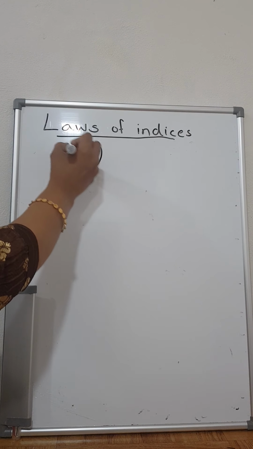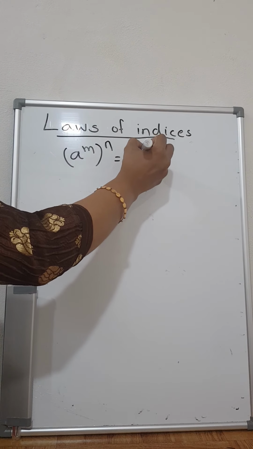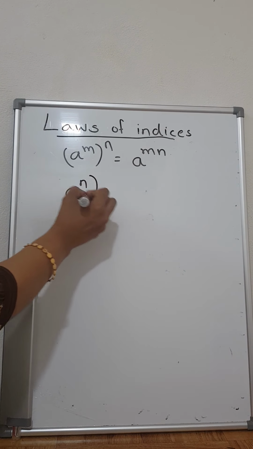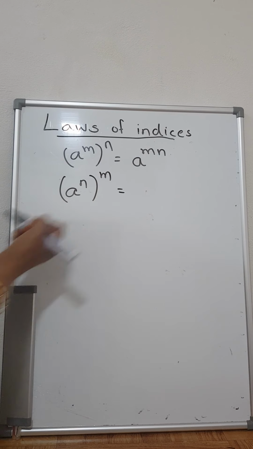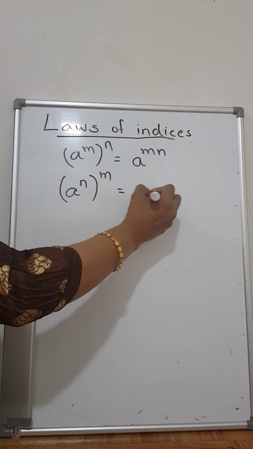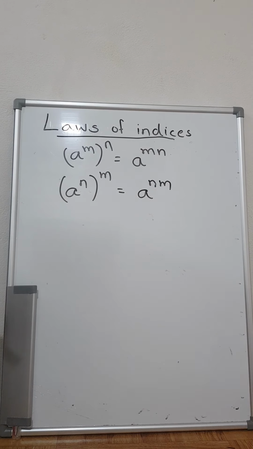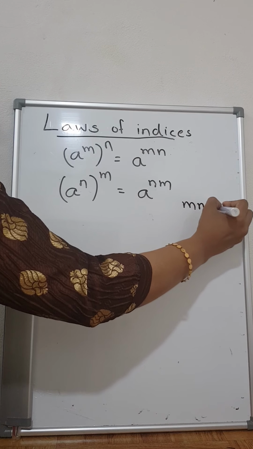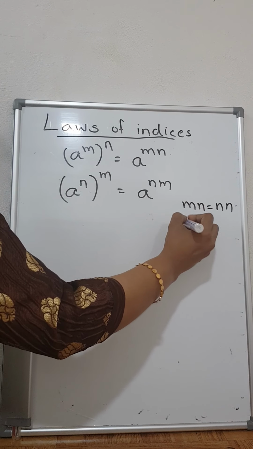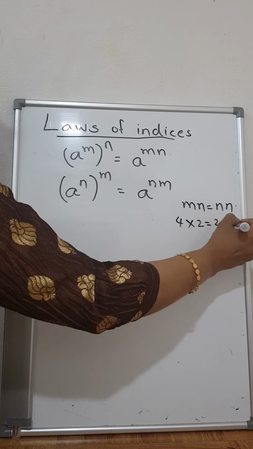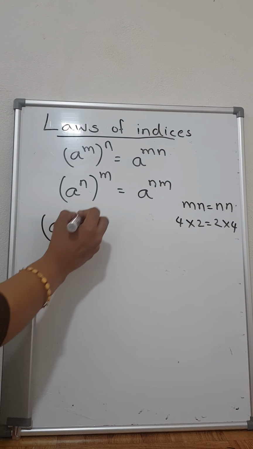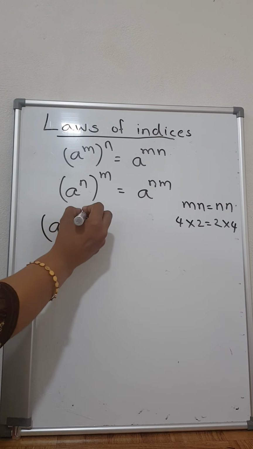So a to the power n all to the power m will be a to the power nm, right? We know that mn is the same as nm, right? 4 times 2 is the same as 2 times 4, in the same way. So a to the power m all to the power n is the same as a to the power n all to the power m.